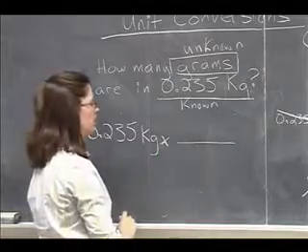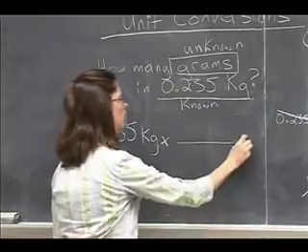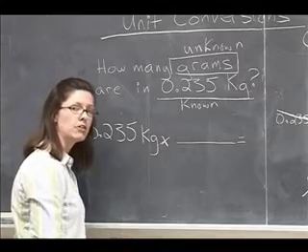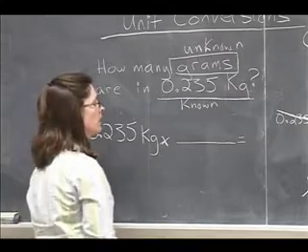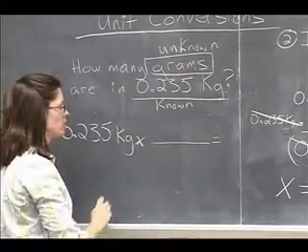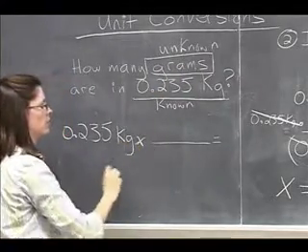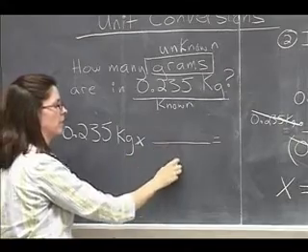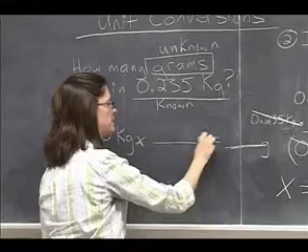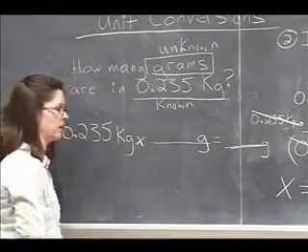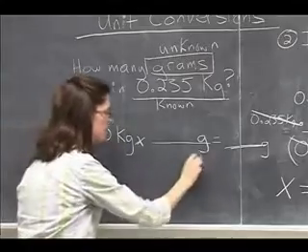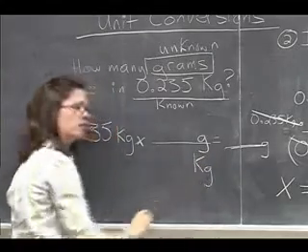And when I multiply by the conversion factor, I want to do this in such a way so that I come up with my desired units. The desired units here are grams. So if I'm multiplying kilograms by a conversion factor and I want my answer to eventually be in grams, that means grams needs to be in the numerator, and what I want to get rid of, the kilograms, needs to be in the denominator.